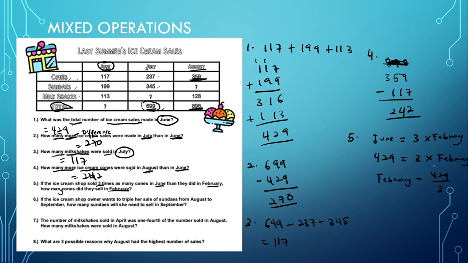You know, when it's multiplication and we want to move this 3 to here because we want to get February only, when we move across the equal sign, from multiplication it becomes division. So you will get an answer of 429 divided by 3, which is 143. So in February, the ice cream shop sold 143 ice cream.